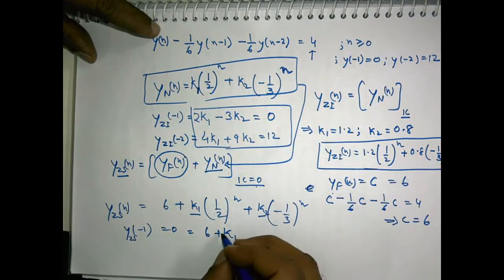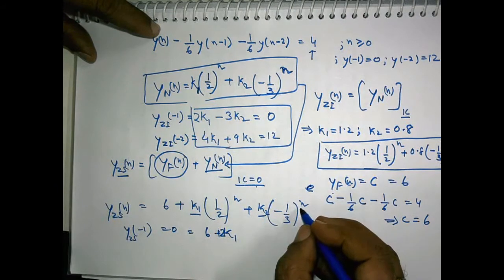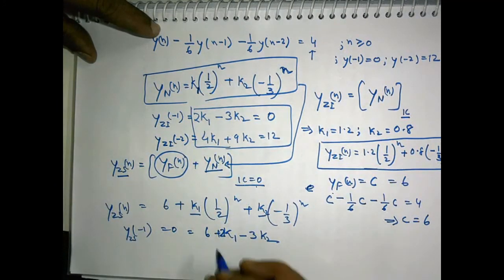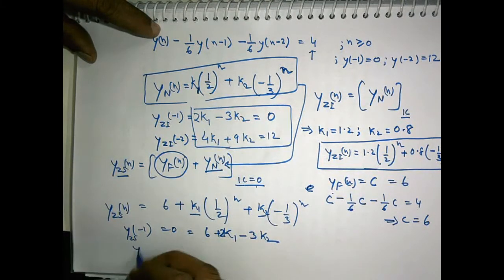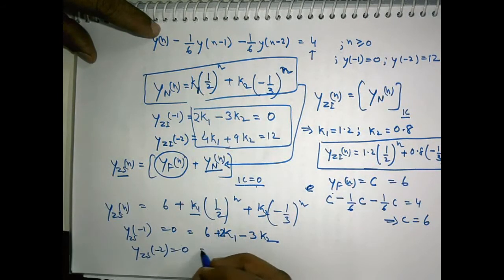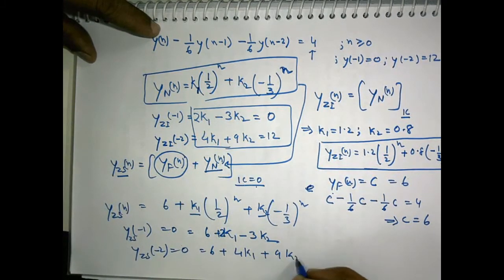So naturally this will be equal to 2 K1 minus 3 K2 equals to 0. And what will be the other equation? yzs minus 2 equals to also 0. So this will be equal to 6 plus 4 K1 plus 9 K2 equals to 0.